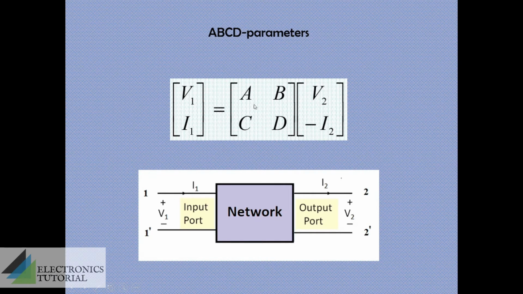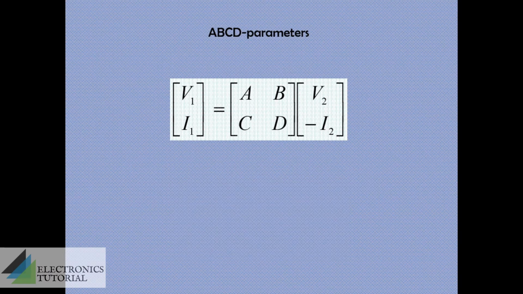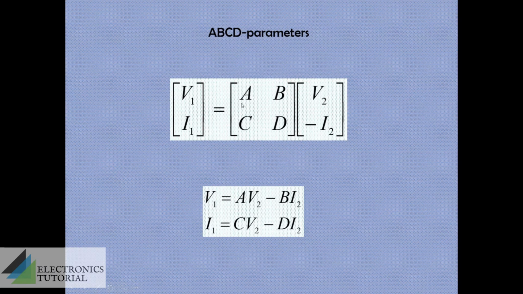The parameters that connect the input port with that of the output port are here represented as A, B, C and D. We can rewrite this in equation format as V1 is equal to A into V2 minus B into I2. Similarly, the second equation will be I1 is equal to C V2 minus D I2.